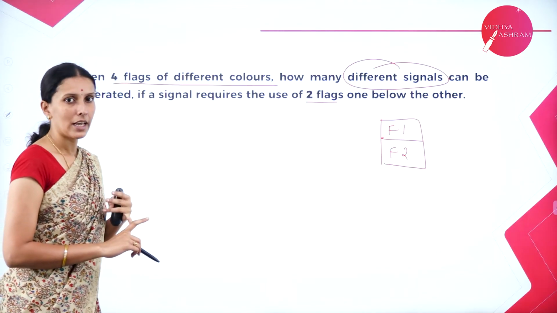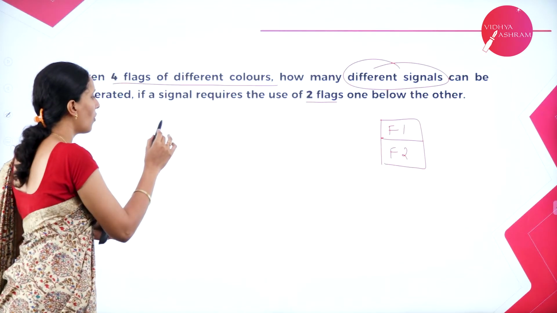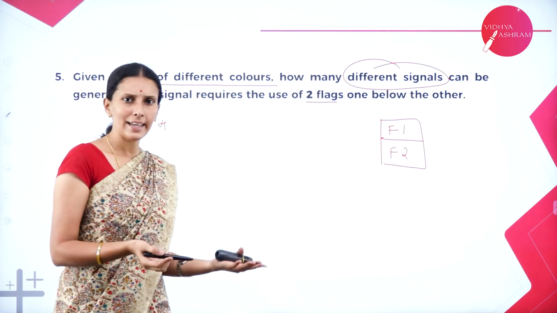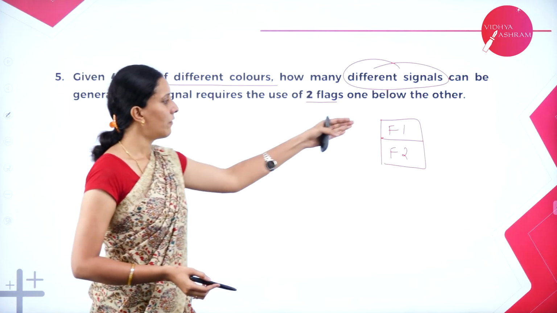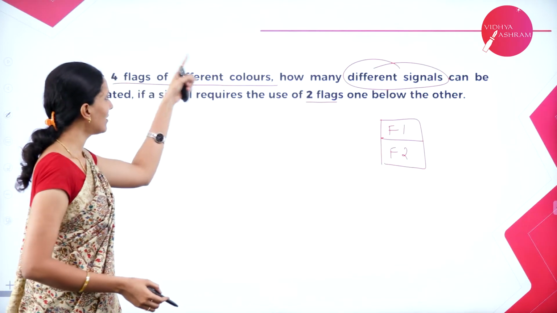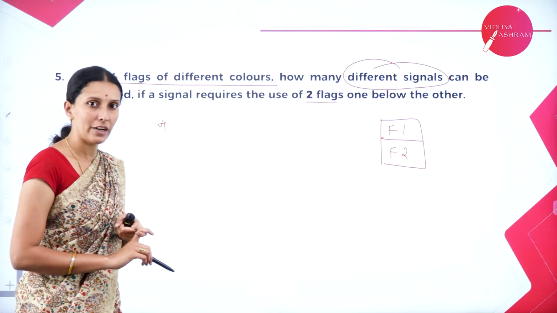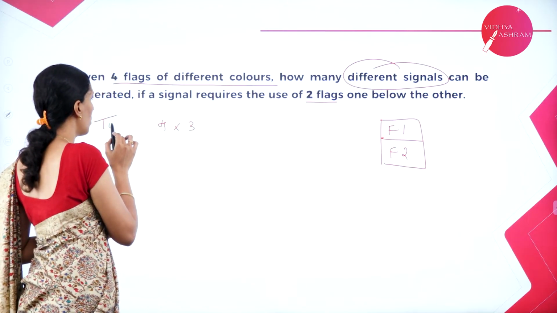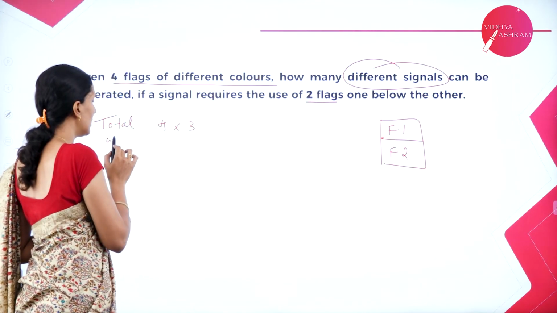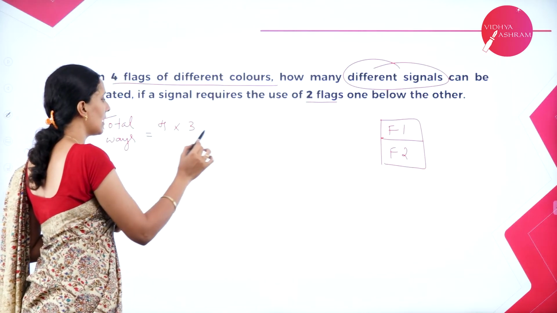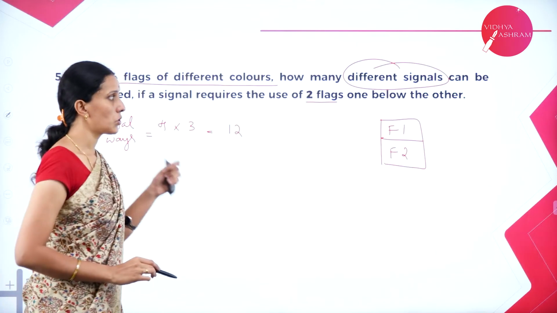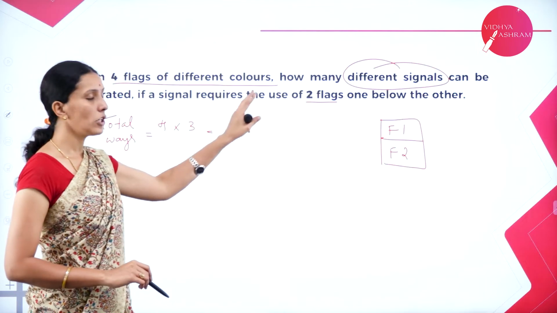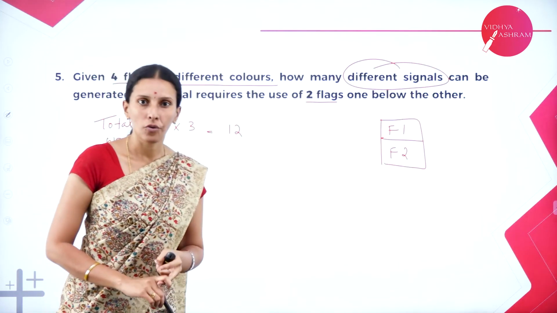For the first flag, I have 4 chances. That is, out of 4 flags of different colors, I can take any flag. But once flag 1 is taken, I have only 3 flags left, which are in different colors. So the possibility is 3. Therefore the total ways I can create different signals is 12. So 12 different signals can be generated using 2 flags out of 4 flags.